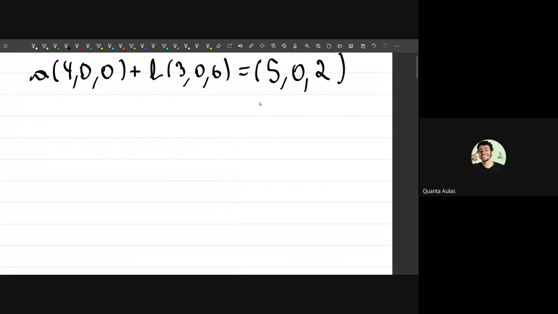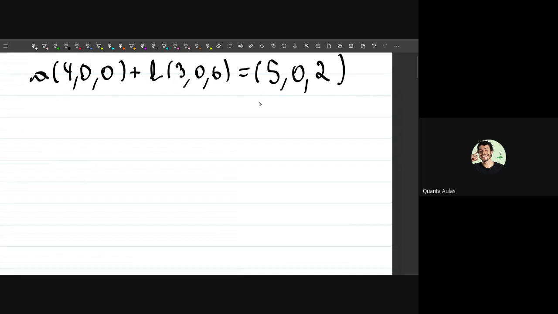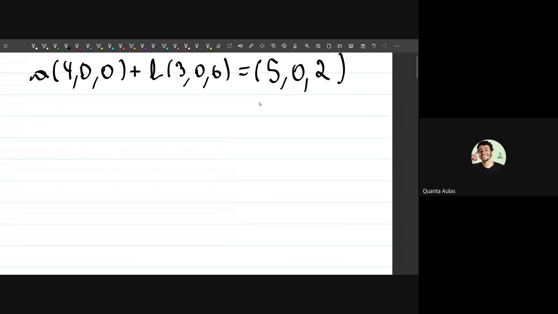So again, we need to multiply the things, right? And sum the right things. Because you need to understand the vectors are objects, real three-dimensional objects. This first position is the x position. The second is the y position.